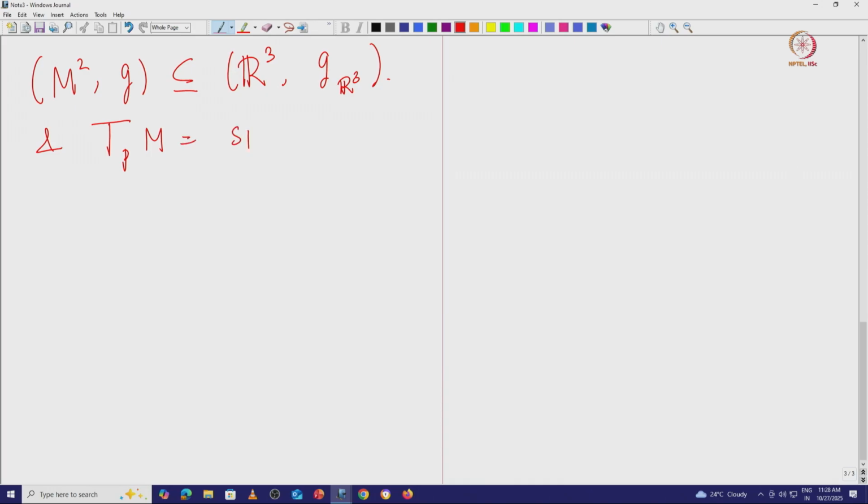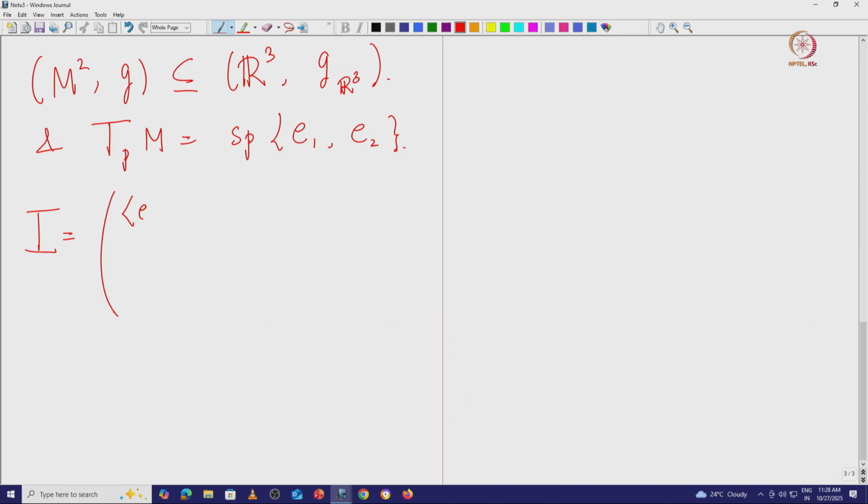So let us say it is spanned by these two vectors E1 and E2, then one can look at the following. One can look at the matrix of the Riemannian metric associated to this basis E1 E2.